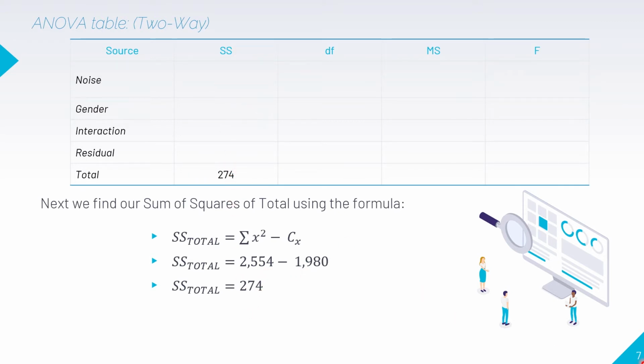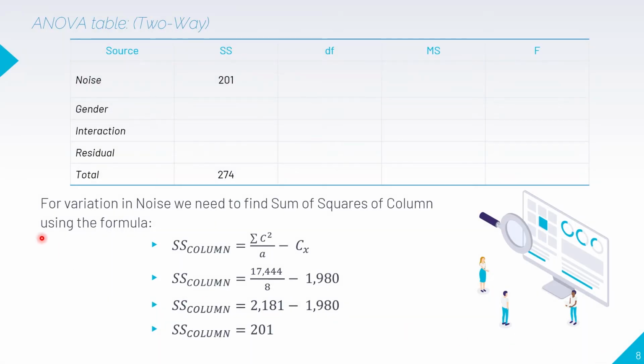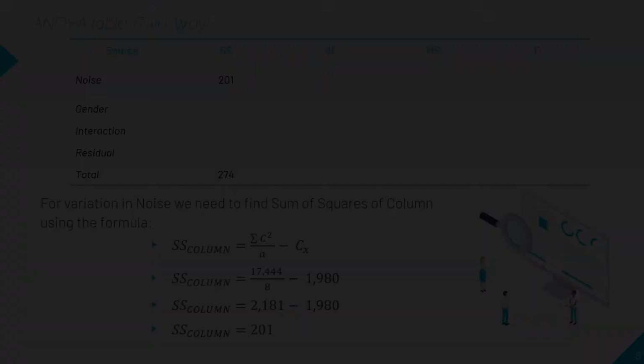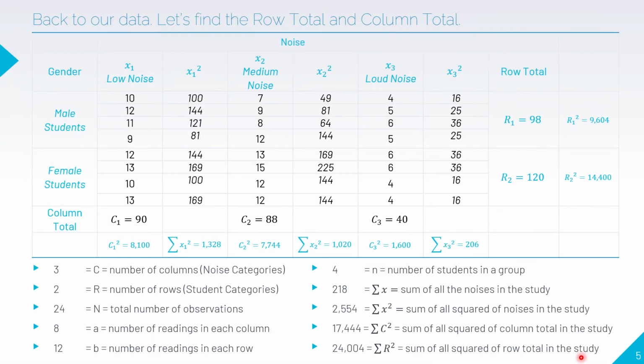So next, for variation in noise, we need to find the sum of squares of column using the formula SS column is equal to summation of c squared over a minus Cx. We already found it, which is 17,444, divided by our a, which is 8 because we have 8 in our column.